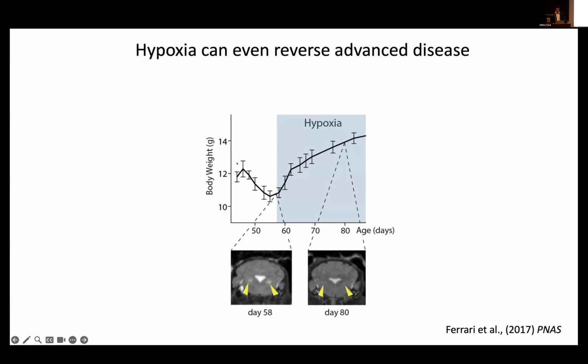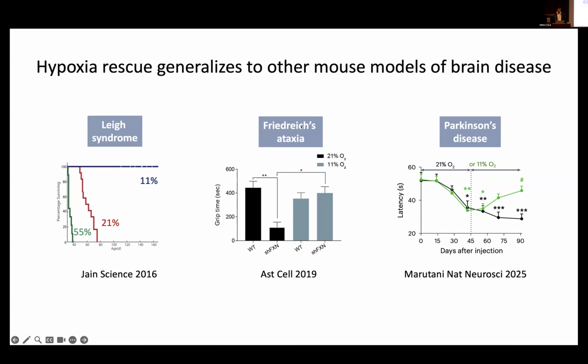Over the last few years, we've been able to show that other mouse models of mitochondrial neurological disease are also potently alleviated by low O2, including Friedreich's ataxia and Parkinson's disease due to synucleinopathy. These brains typically have a secondary mitochondrial complex 1 deficiency.